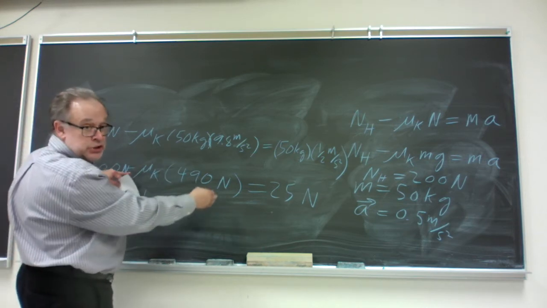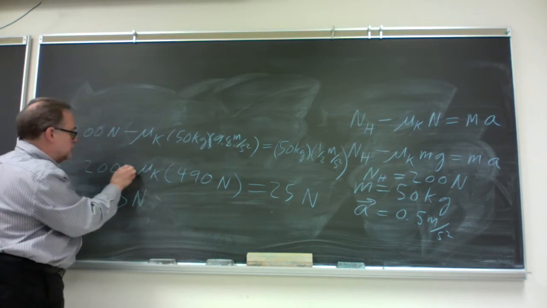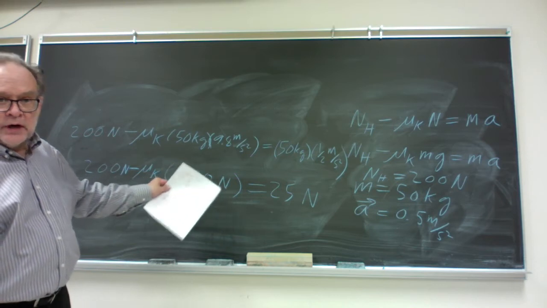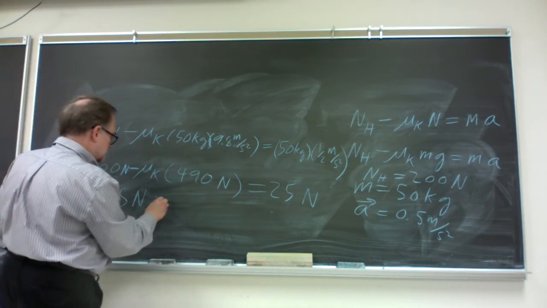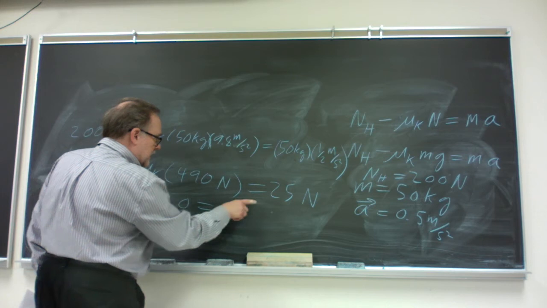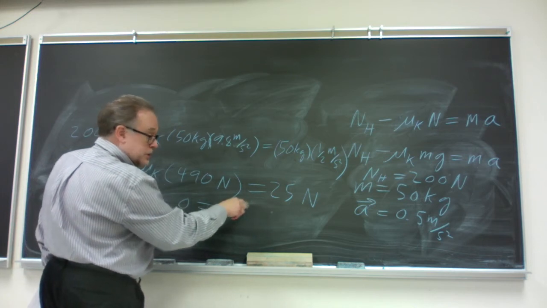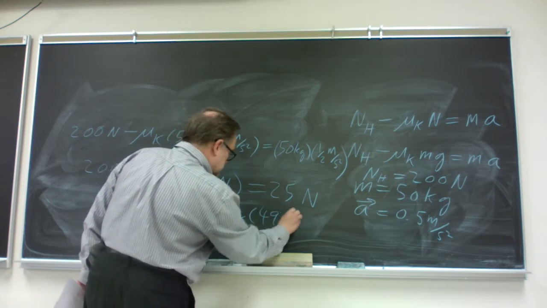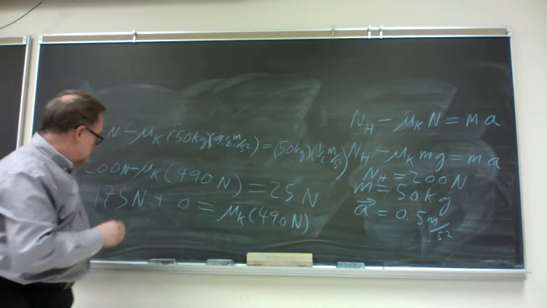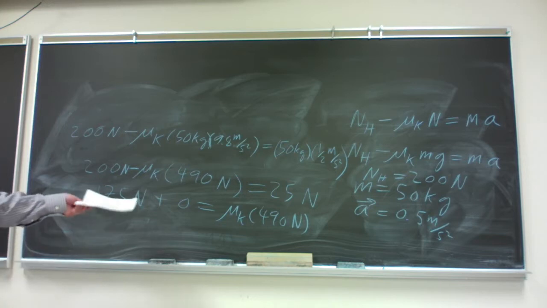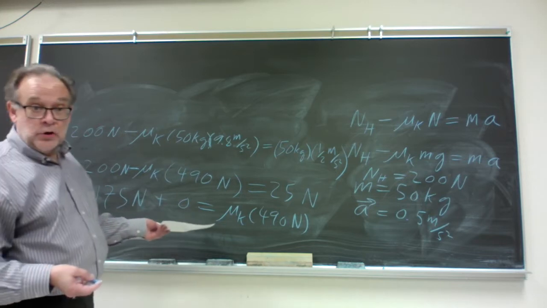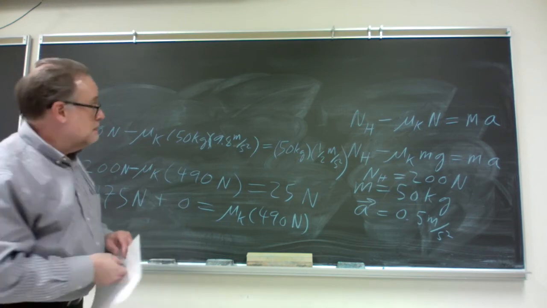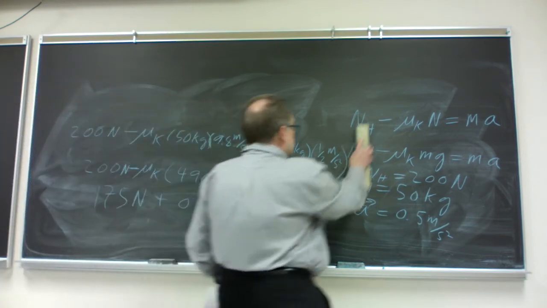Adding plus coefficient times 490 to minus coefficient times 490 gives us 0. And then add plus coefficient times 490 newtons. And now it's easy to see how to get the coefficient. Just divide both sides by 490 newtons.